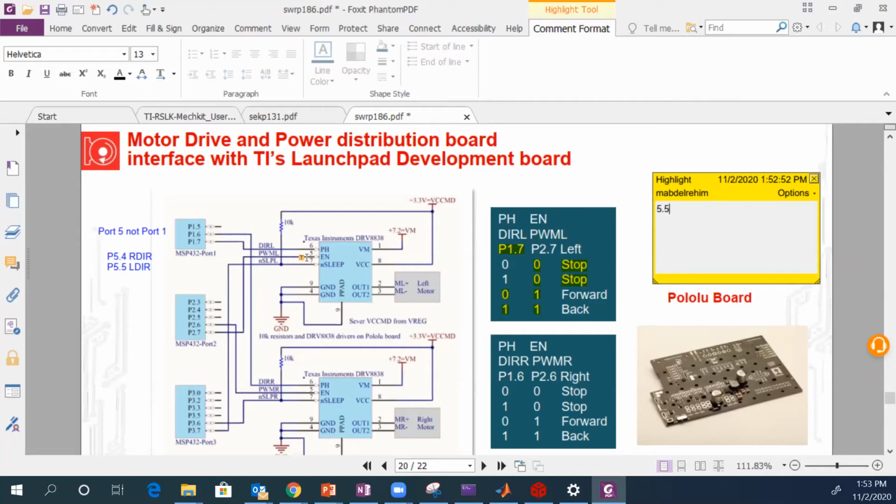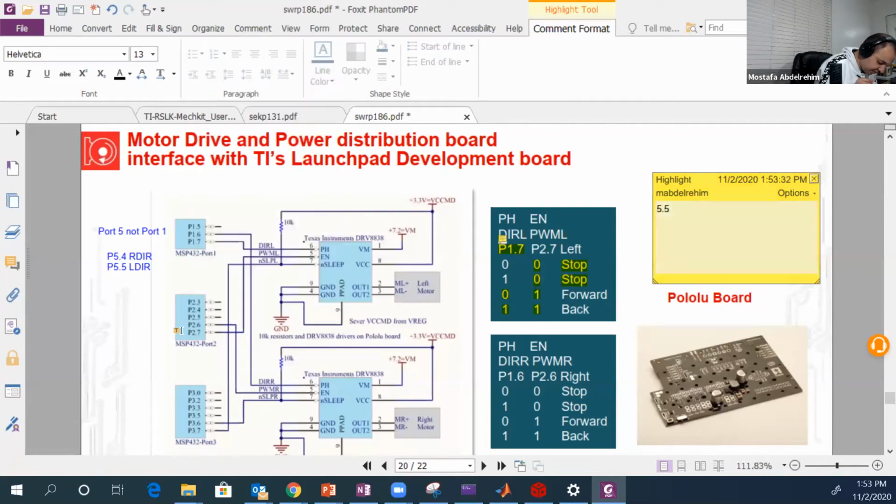Because port 1 changed to port 5. Okay, for the enable, let's look here. So this is, for example, 2.6. Let's trace this wire. It's connected to the enable. And 2.7 is also connected to the enable. Did I understand your question right?